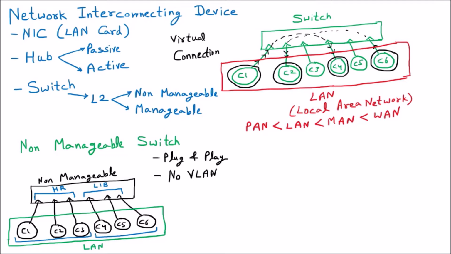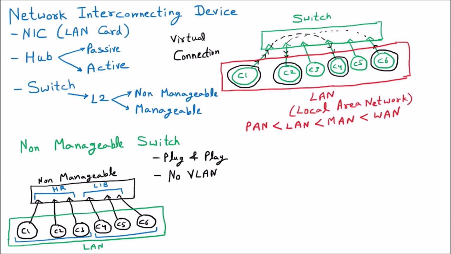I am explaining this with the help of a class. Let us suppose we have a class of 60 students in a section. This class is a LAN, so any faculty teaching in that class is teaching in a LAN. If I divide them into two labs, lab 1 and lab 2, they still belong to the same class. Assume a morning section of 60 students, which is a LAN.